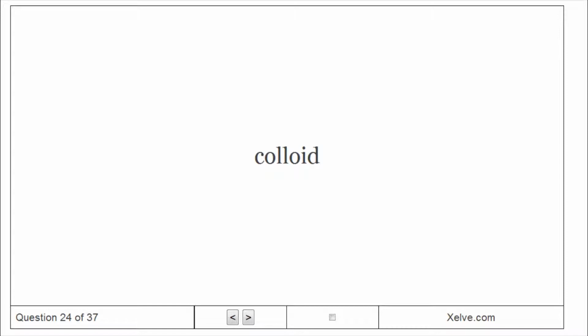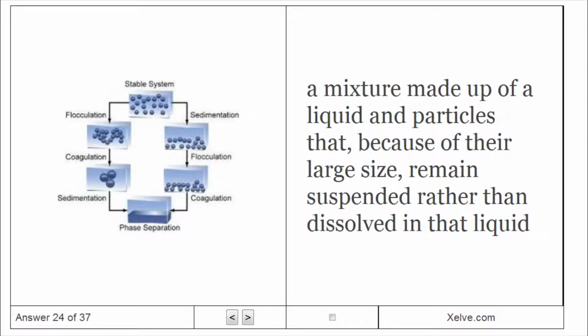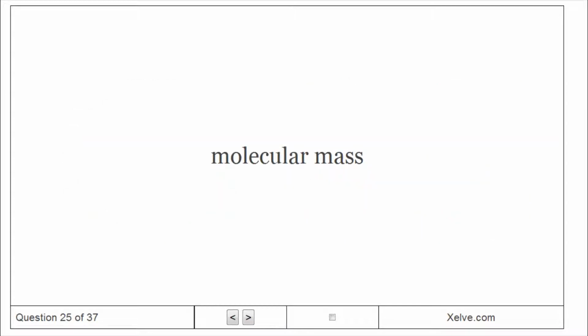Colloid. A mixture made up of a liquid and particles that, because of their large size, remain suspended, rather than dissolved, in that liquid. Molecular mass.